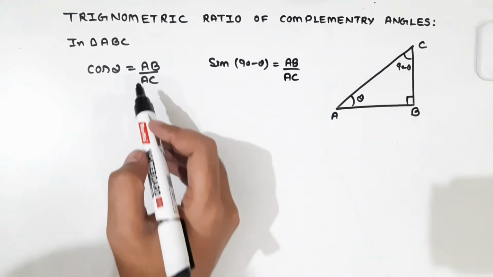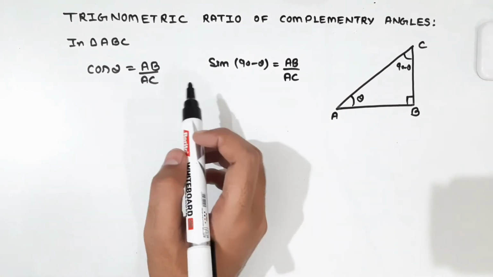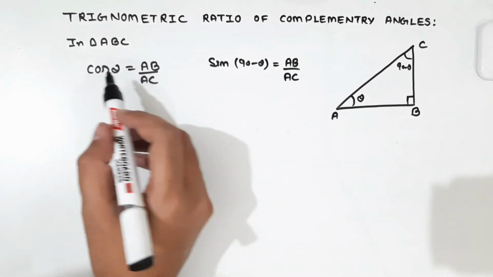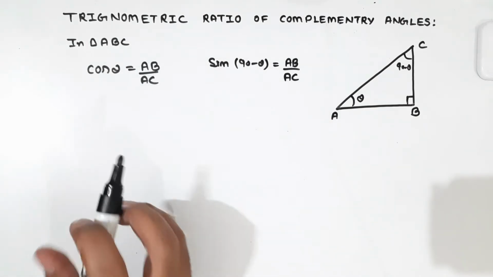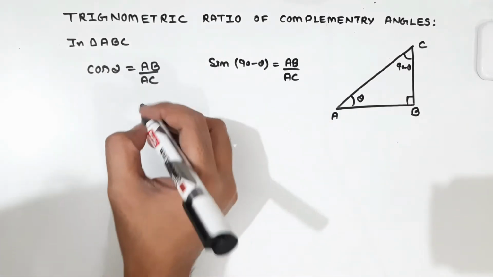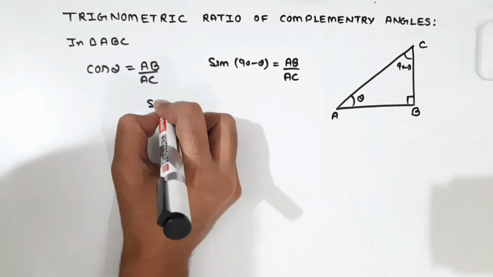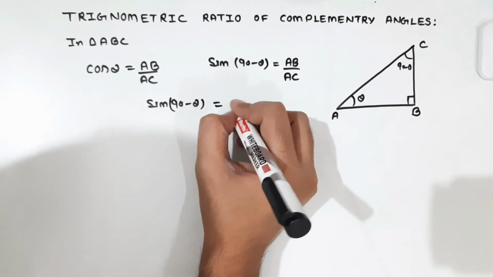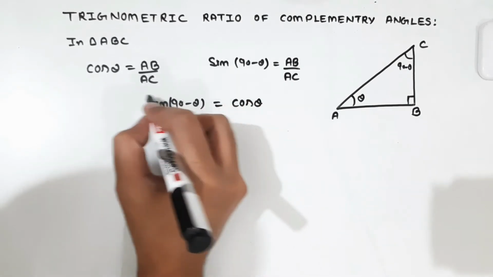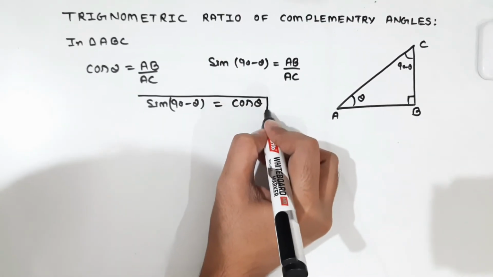So here AB upon AC equals to cos theta and AB upon AC is sin 90 minus theta. So we can say that sin 90 minus theta will be equals to cos theta. That is our second conclusion.